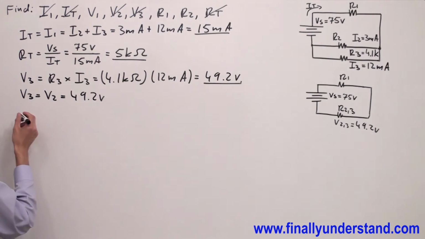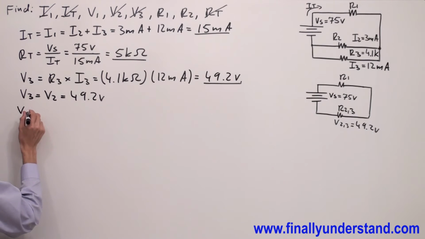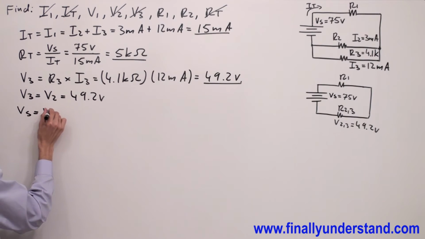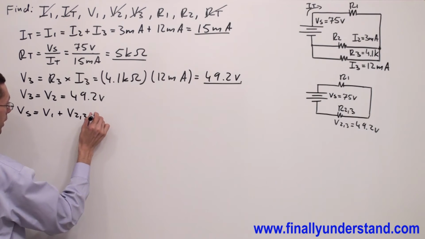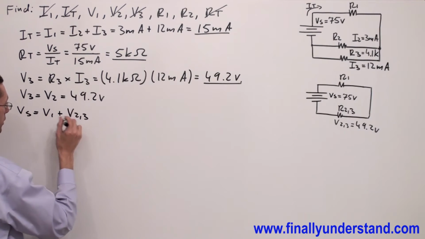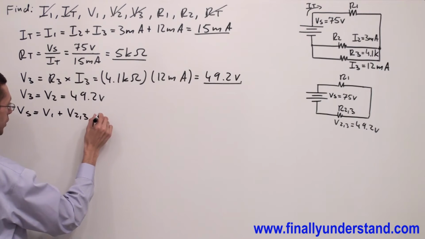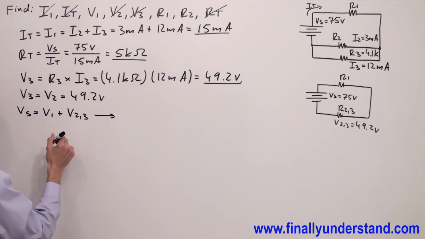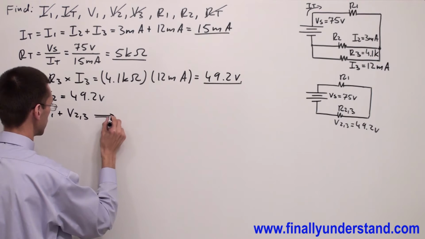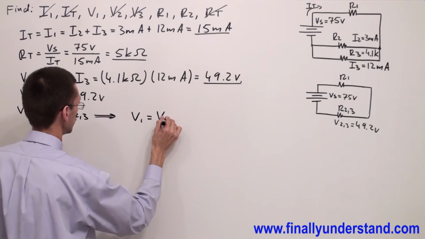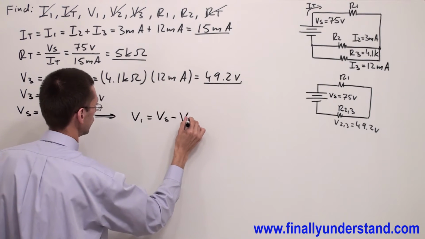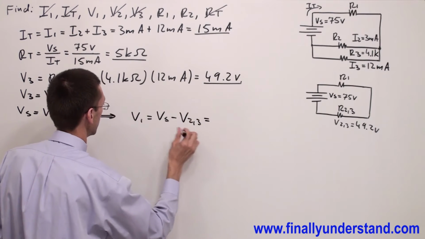So let me remind you the formula. Voltage source is equal to V1 plus V23. I'm looking for V1 this time, so I have to solve this formula for V1. Okay, so I'm going to have V1 equals voltage source minus V23.